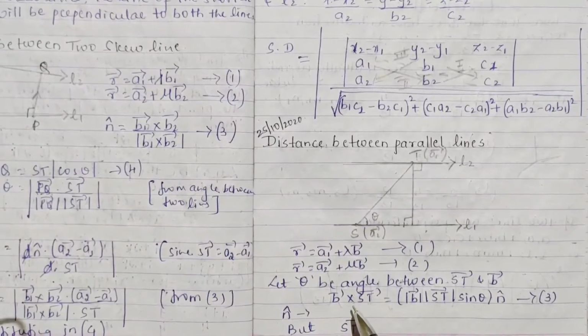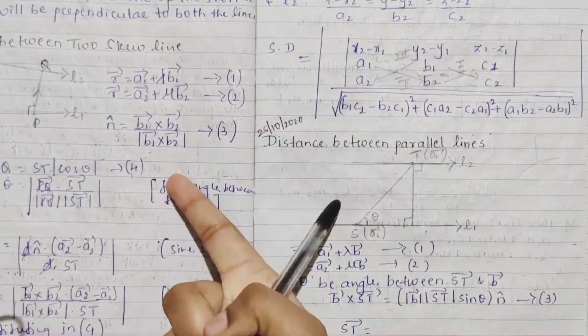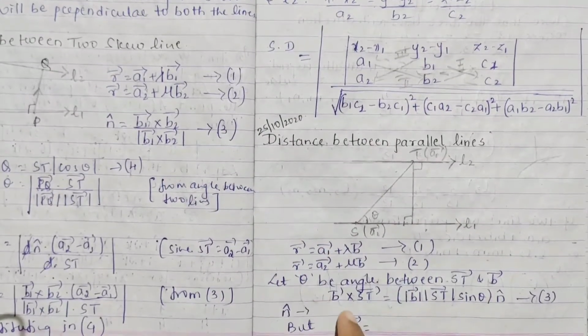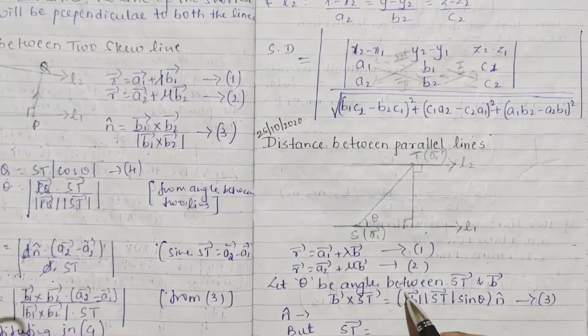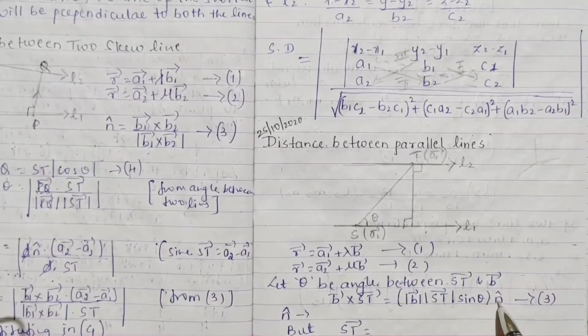This is your vector product, which you have studied in algebra. For skew lines we made use of the dot product. Here we are making use of the vector product. So it is determinant b, determinant ST, sin theta n cap.